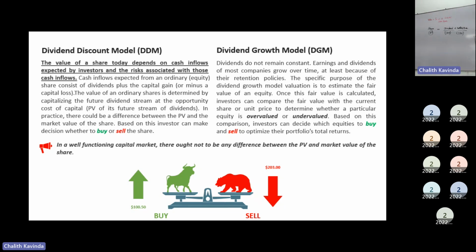Based on that, they can make a decision whether to buy or sell the share. Finally, in a well-functioning capital market, there ought not to be any difference between the present value and the market value.